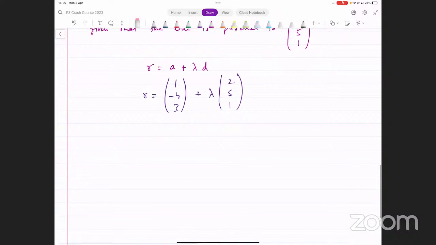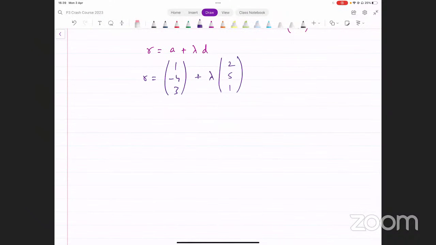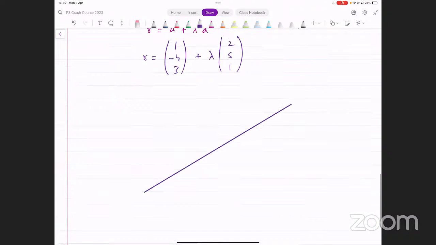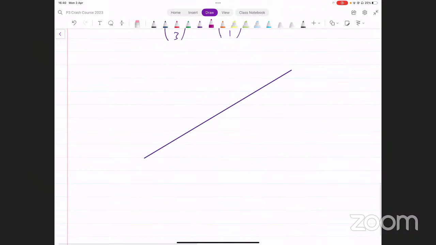Okay. Now, how does this give us every point on the line? It basically works like this. Let's say you have a line like this, okay? And there's a point that is the origin here, okay?